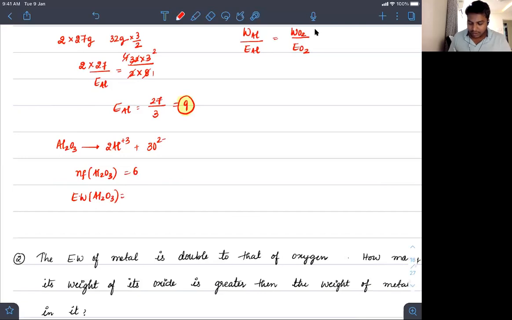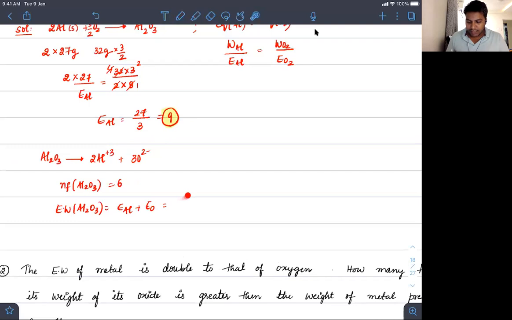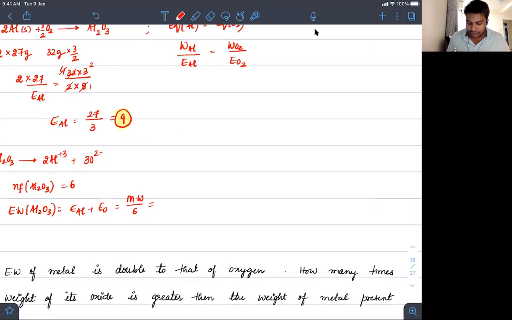If N factor is 6, I can write equivalent weight of Al2O3 is equal to equivalent weight of aluminum plus equivalent weight of oxygen, right? Equivalent weight can be written as molar mass divided by valency factor, which is 6. Molar mass of Al2O3 is how much? 2 into aluminum weight, which is 27, plus 3 into 16, that whole divided by 6.